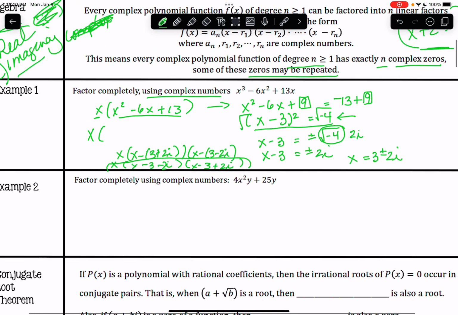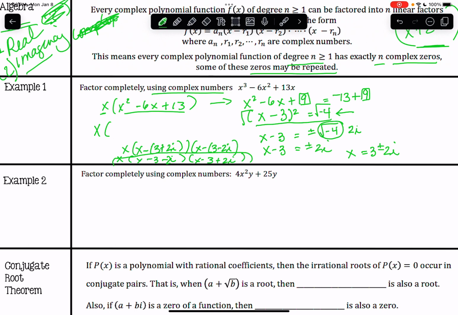Let's look at another example. This time we have two variables, and so we can factor out a y first. So we get y, and then we have 4x squared plus 25. So now we want to be able to figure out what 4x squared plus 25 is.